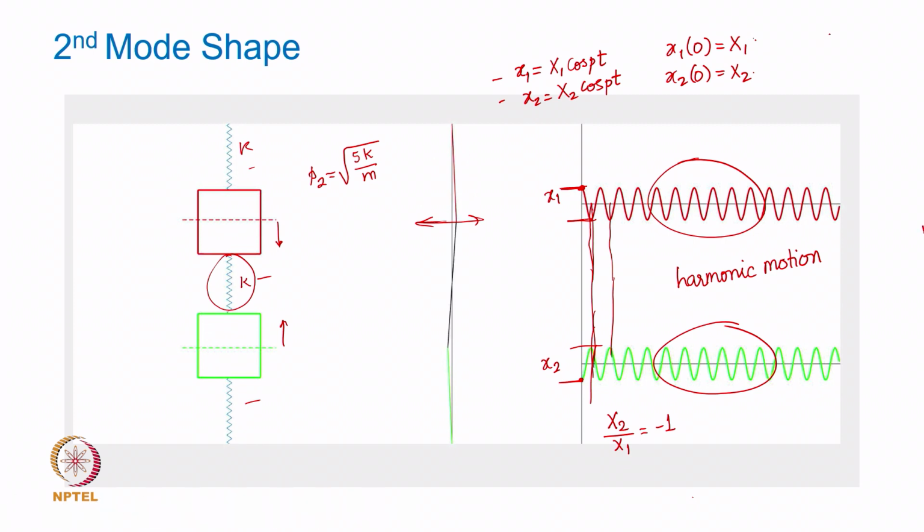Now, for the first mode shape to occur, x2 over x1 is equal to 1. Now, because we are showing you the second mode shape, I will write that x2 upon x1 is equal to minus 1, which means that if x1 is equal to 1 unit, x2 is minus 1. Okay.